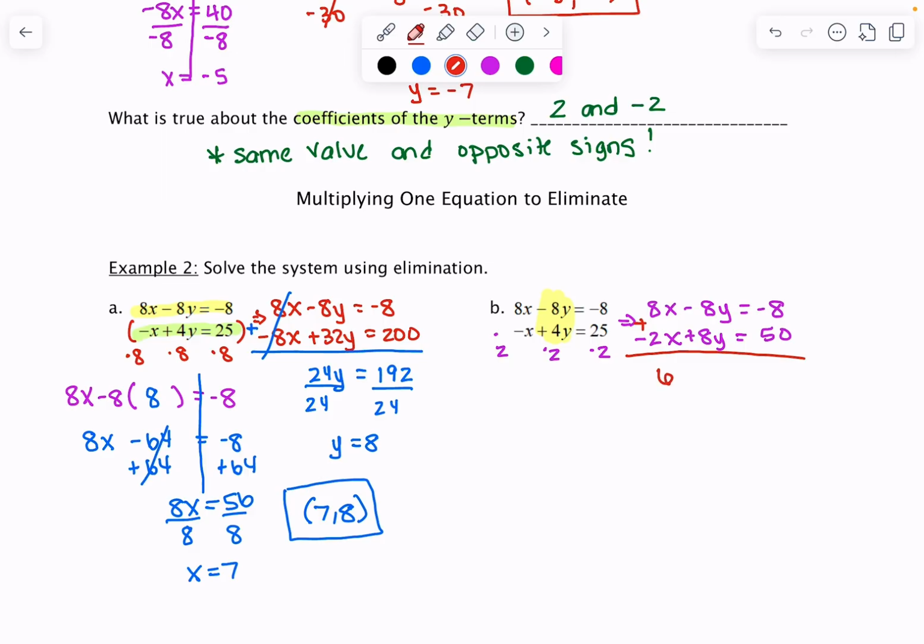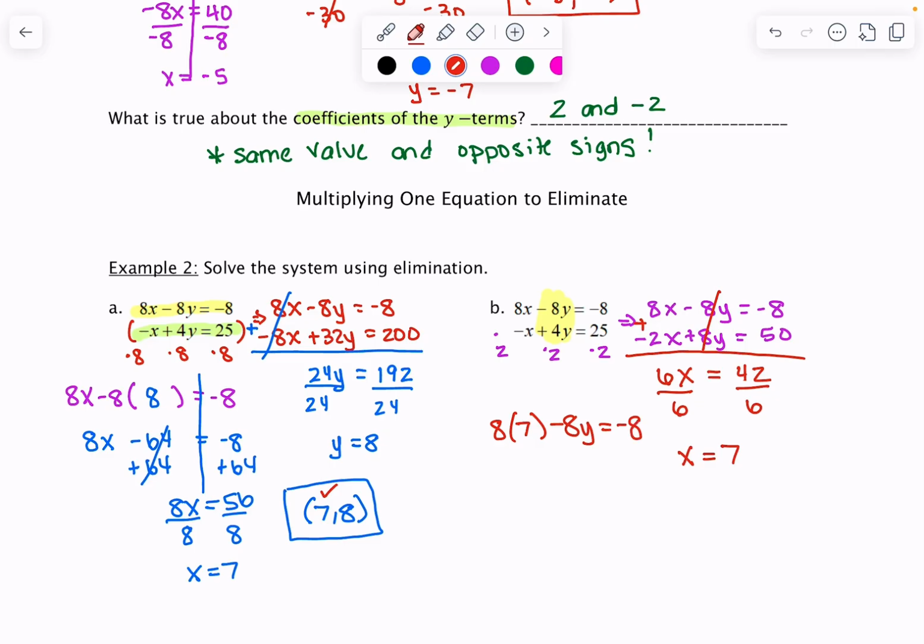I get 6x, these cancel out, equals 42. I can divide both sides by 6 now and get x equals 7, which makes sense because I got x equals 7 in the other problem too. Now I go ahead and take my first equation, rewrite it, but instead of 8x, I'm going to do 8 times 7.